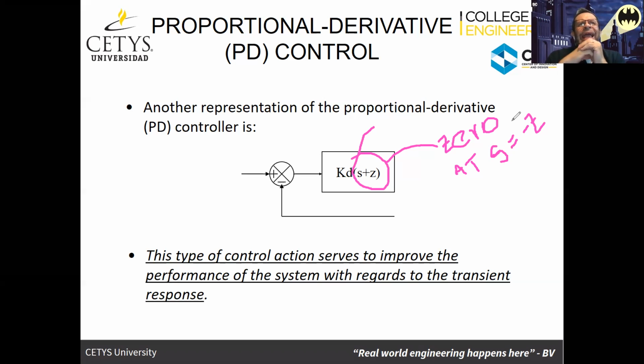Well, in the end, anything I add to the root locus, either a 0 or a pole, is going to reconfigure the root locus because of the two rules that we mentioned: any location in the root locus has to comply with the magnitude rule, and it also needs to comply with the angle rule. So adding any sort of pole or 0 is going to automatically reconfigure the root locus anyway.